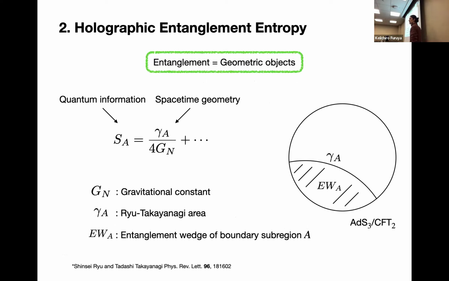Some CFT is just a quantum system that's not holographic, and some CFT is a holographic system. The definition for that is a CFT with a large central charge, and then there's a condition for the spectrum.